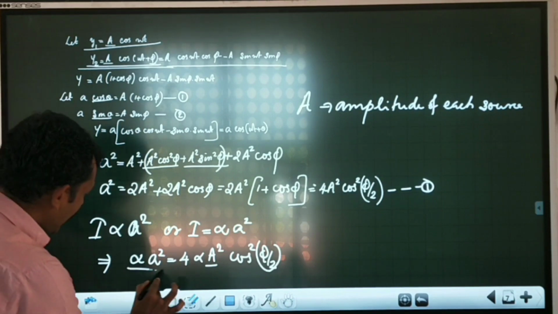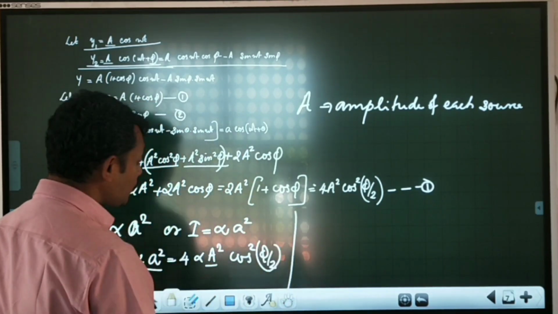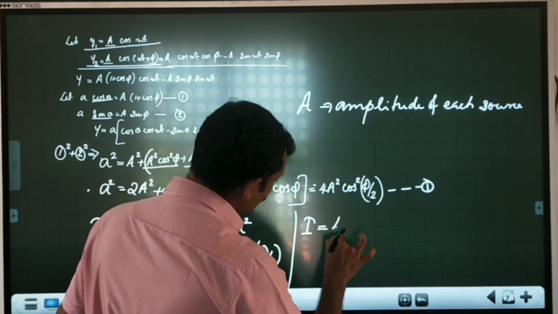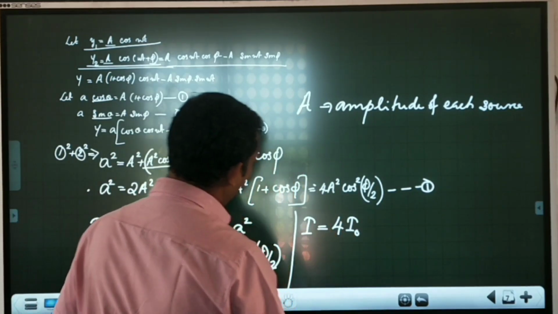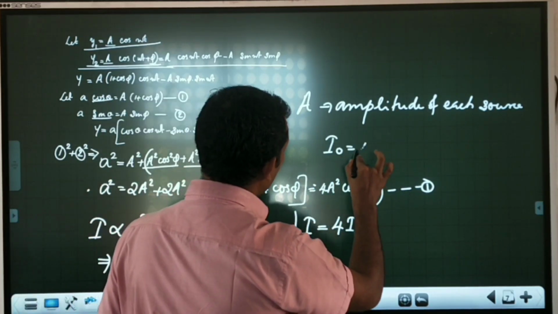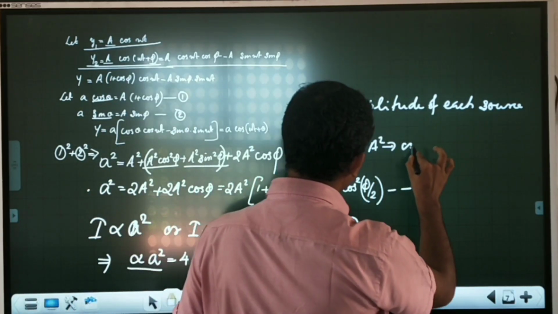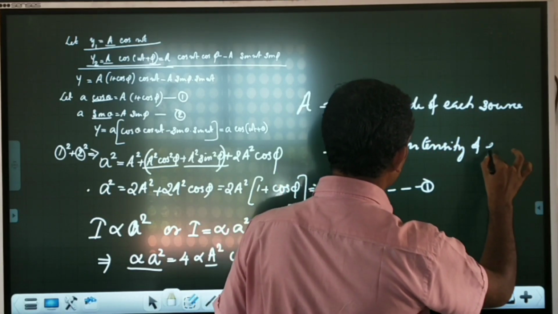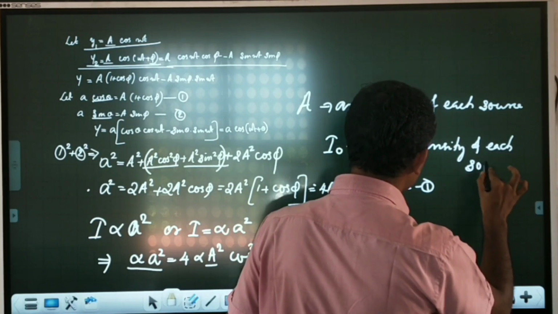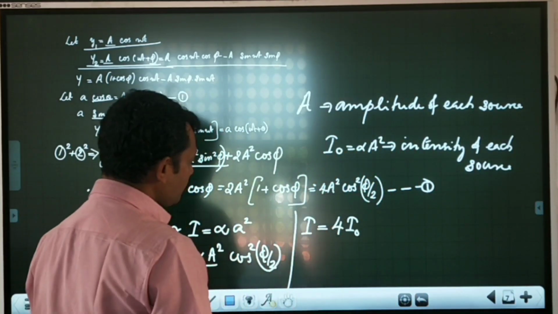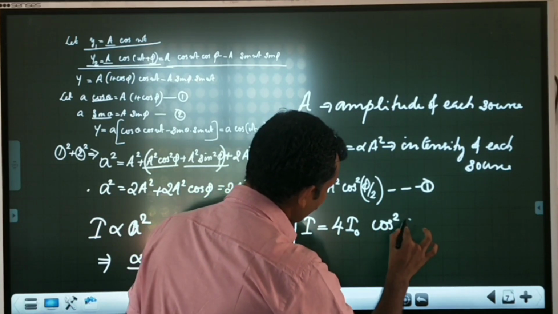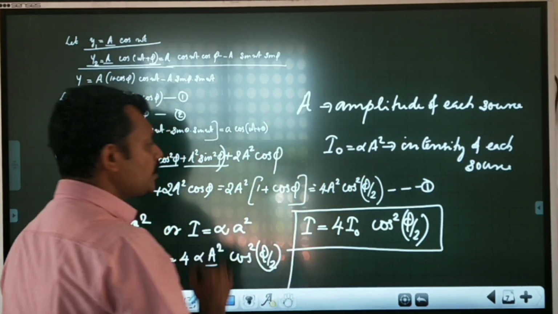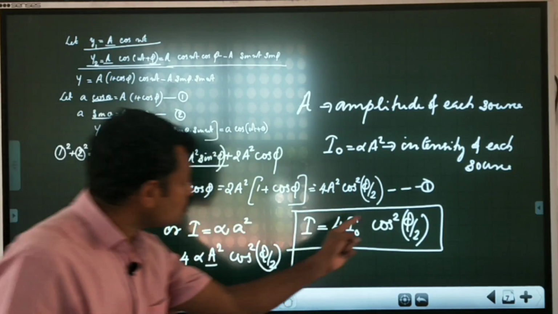So alpha A square is I0, the intensity of each source. The resultant intensity I is equal to 4I0 cos square phi by 2.